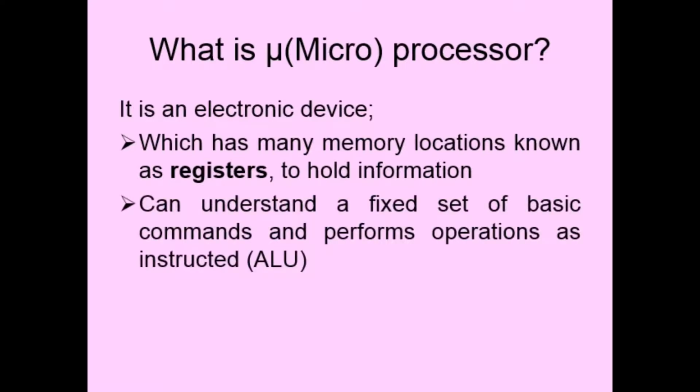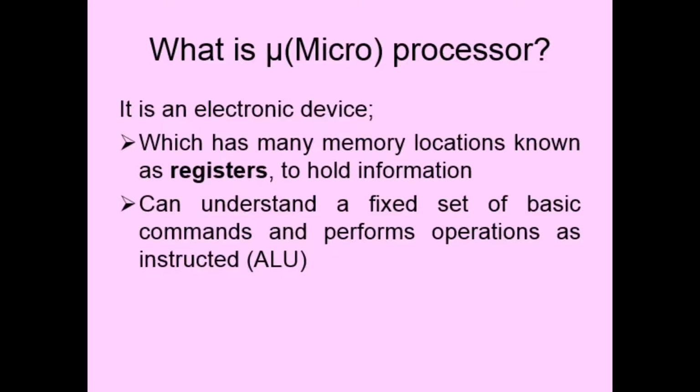Next, it has a capability to understand a fixed set of basic commands and perform operations as instructed. So the microprocessor is capable of doing certain functions or operations, and also it is able to execute certain commands as instructed by the ALU. What is ALU? ALU stands for arithmetic and logic unit.